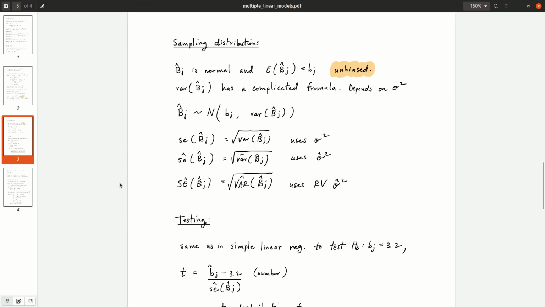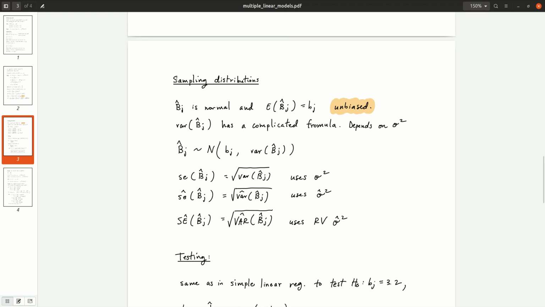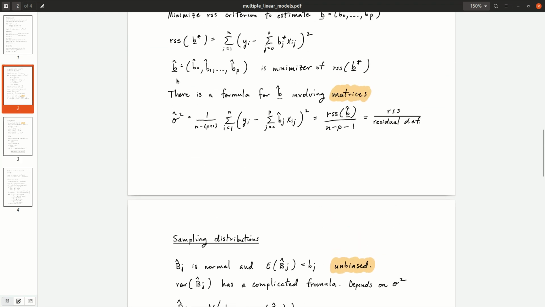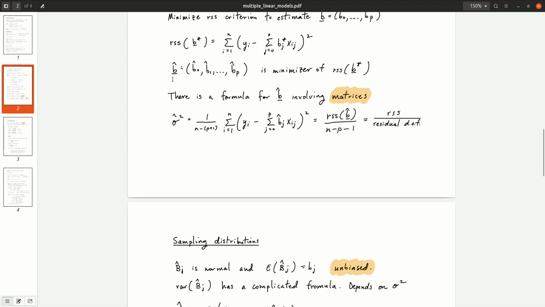Now, if we want to do testing, the first thing we have to figure out is what are the sampling distributions of our estimators. So the notation we're going to use is big B hat j is the random variable version of the estimates. Just to go back here, I said that B hat has a formula involving matrices.